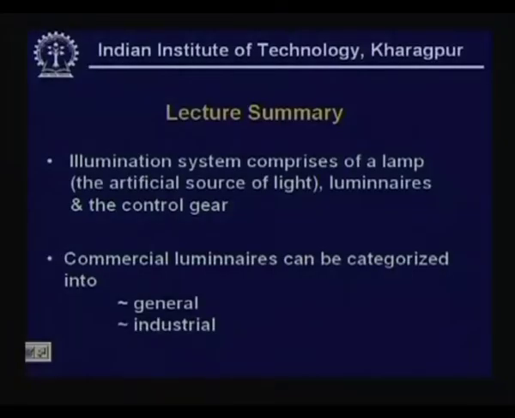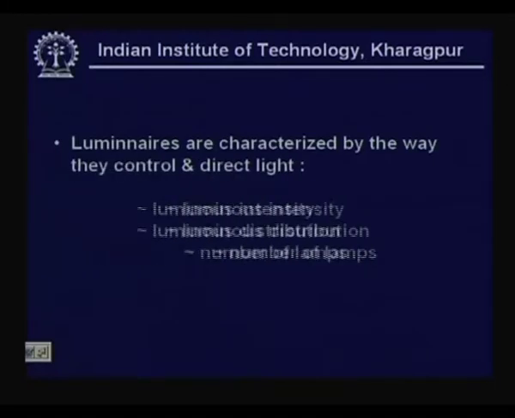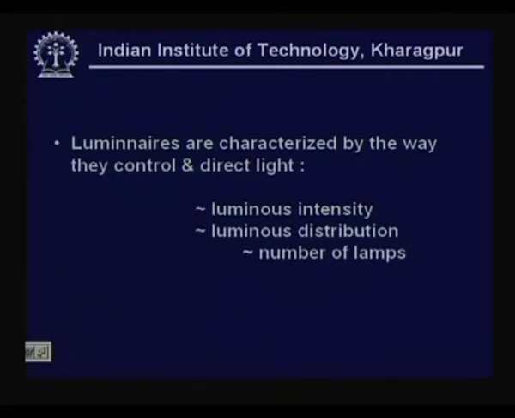Commercial luminaires can be categorized as general and industrial, and luminaires are characterized by the way they control and direct the light, which depends on the intensity, distribution and number of lamps. The difference is depending on the application.